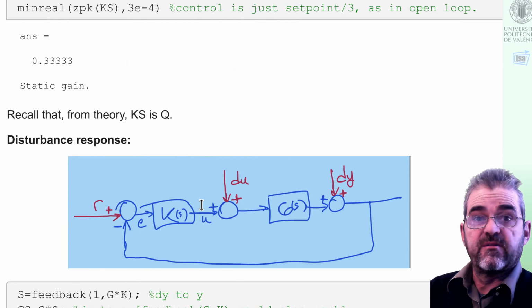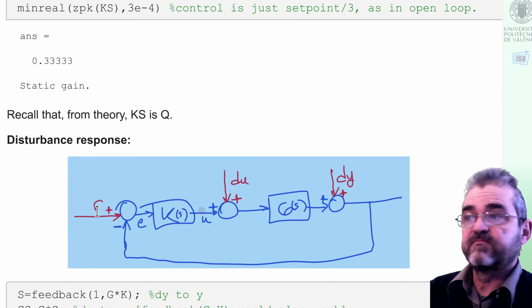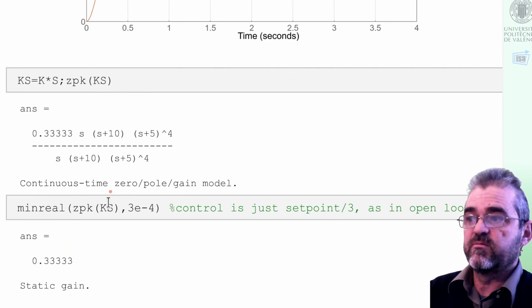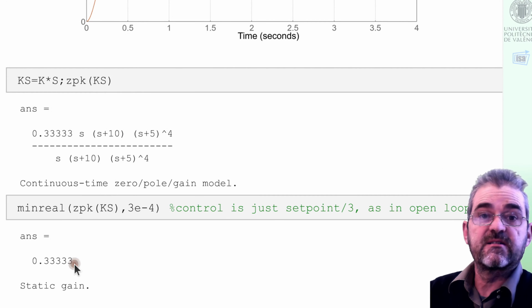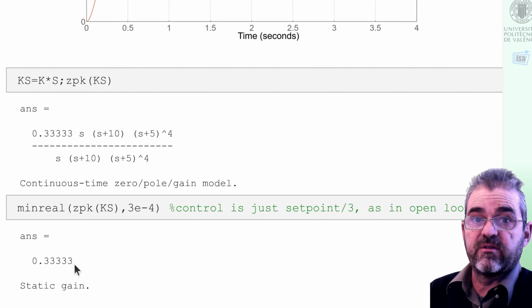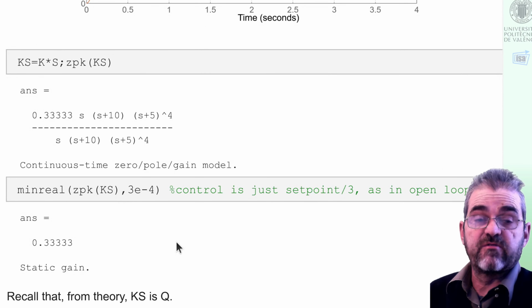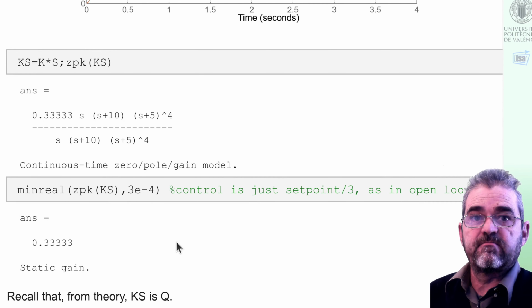If I compute the transfer function from setpoint to control, K over 1 plus GK, then doing some cancellations, it's exactly Q, 0.333. So from the setpoint point of view, IMC gives me the same result as open loop, and this was the theoretical motivation.